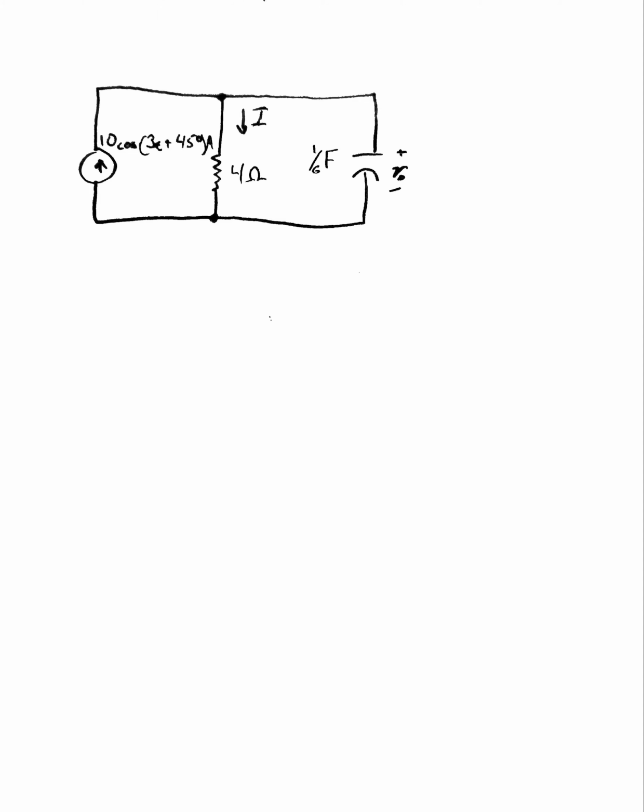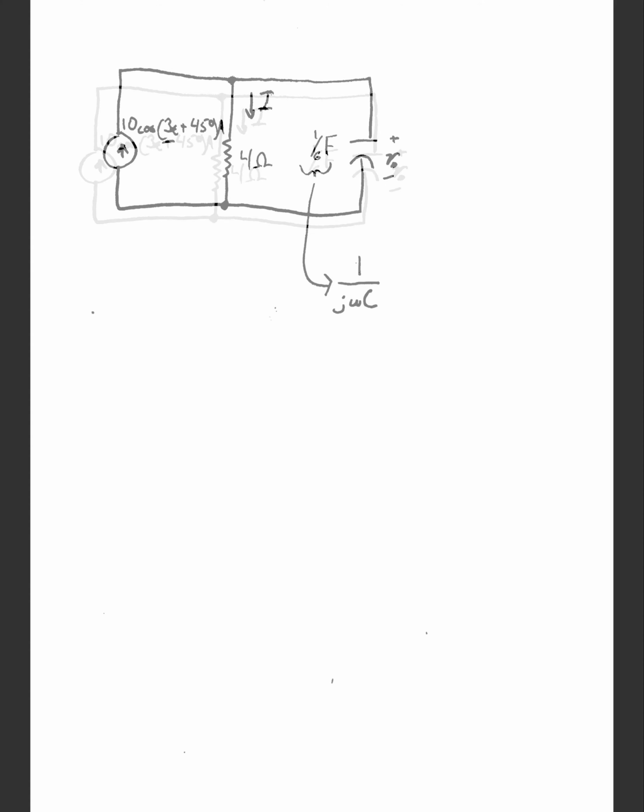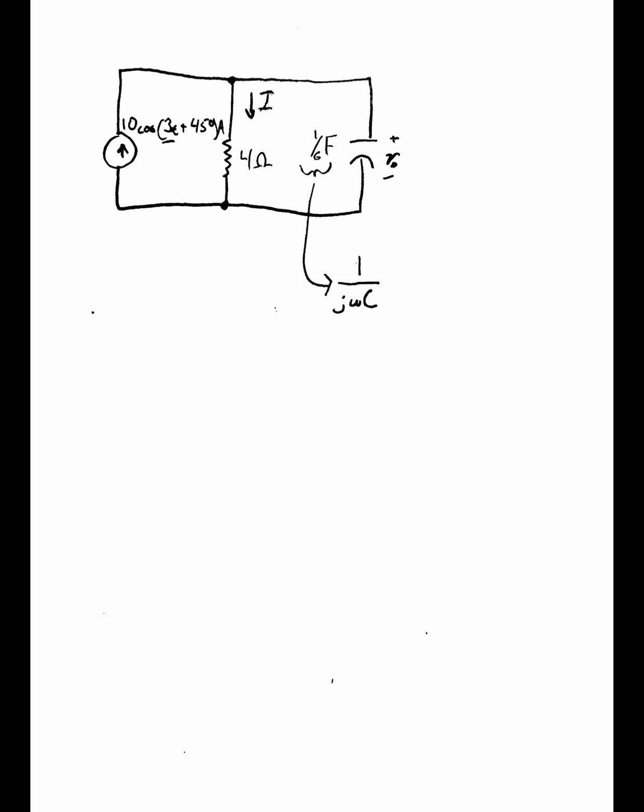So we do that with the equation 1 over j omega c, or 1 over imaginary times the frequency domain times the capacitance. So if you remember, j is our imaginary. We use the lowercase script j as opposed to the i that most mathematicians use.